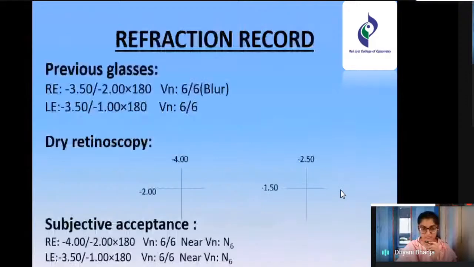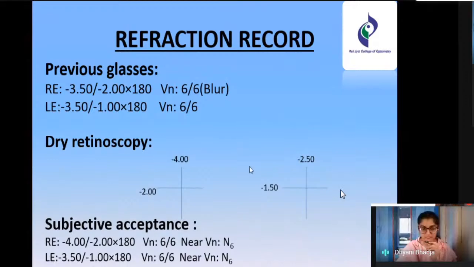This is her refraction record. Her previous glasses: right eye minus 3.5 with minus 2 at 180, vision 6/6 but blur; left eye minus 3.5 with minus 1 at 180, vision 6/6.